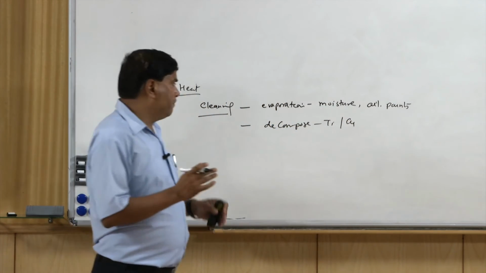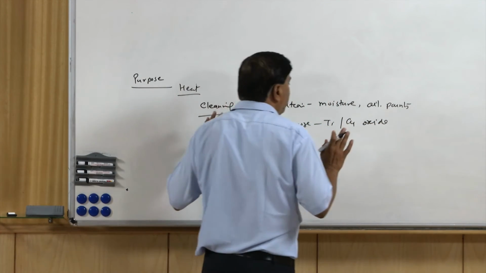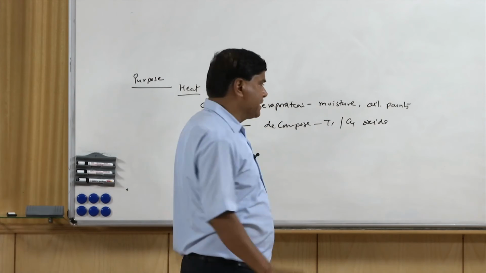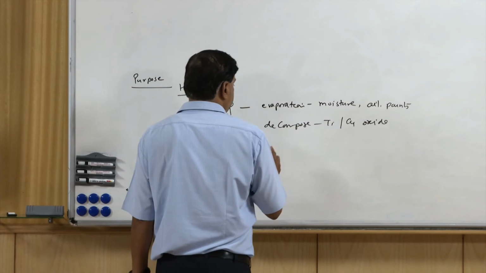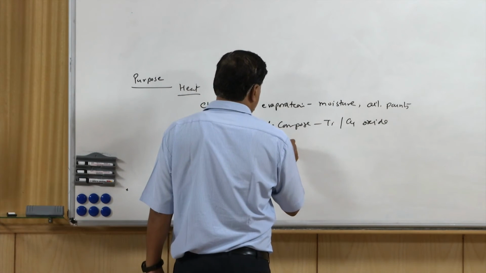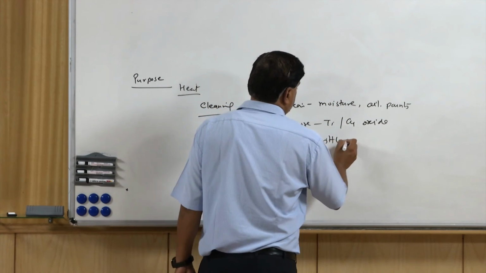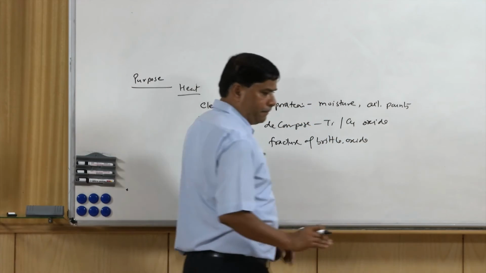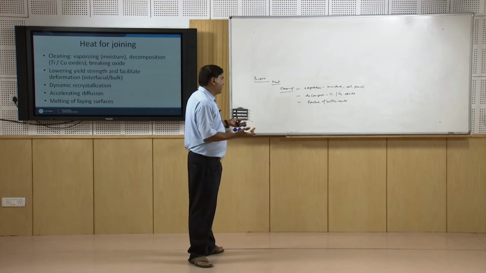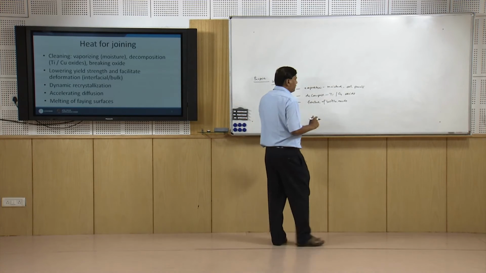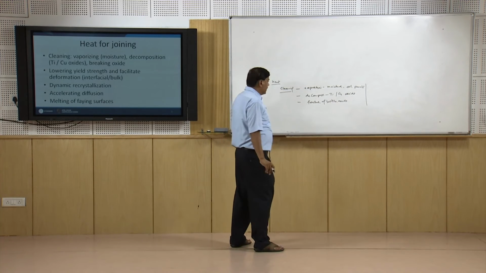These oxides get destabilized and can be easily removed from the surface. Sometimes fracture of the brittle oxides also takes place due to differential thermal expansion behavior. Oxides do not expand as much as metals, so the differential expansion leads to the fracture of the brittle oxide. That is how heating helps in cleaning the metal.